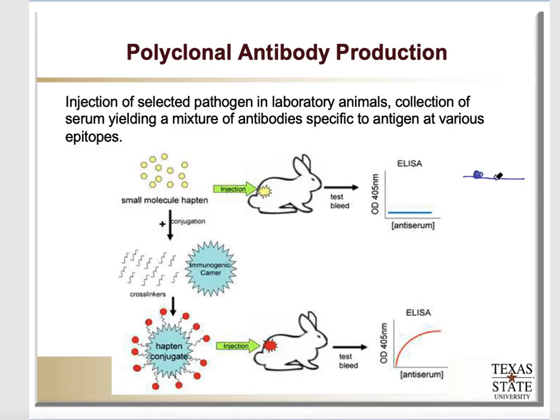Let's say our virus. So I'm going to put my virus, and I'm going to immobilize it either by adsorption or some other method on the surface. I am then going to take the blood from this animal and put it in contact with this. And if there are antibodies that are specific for that target, then those antibodies are going to come and bind to my virus.